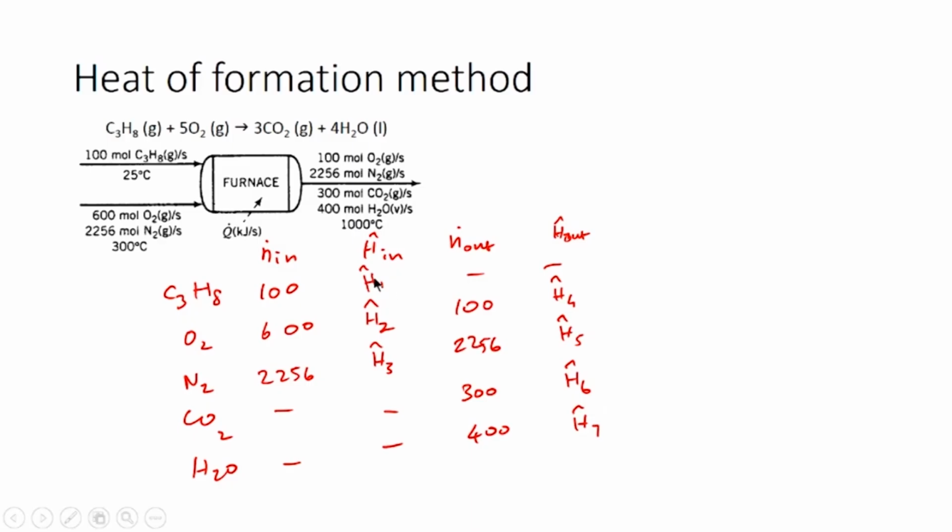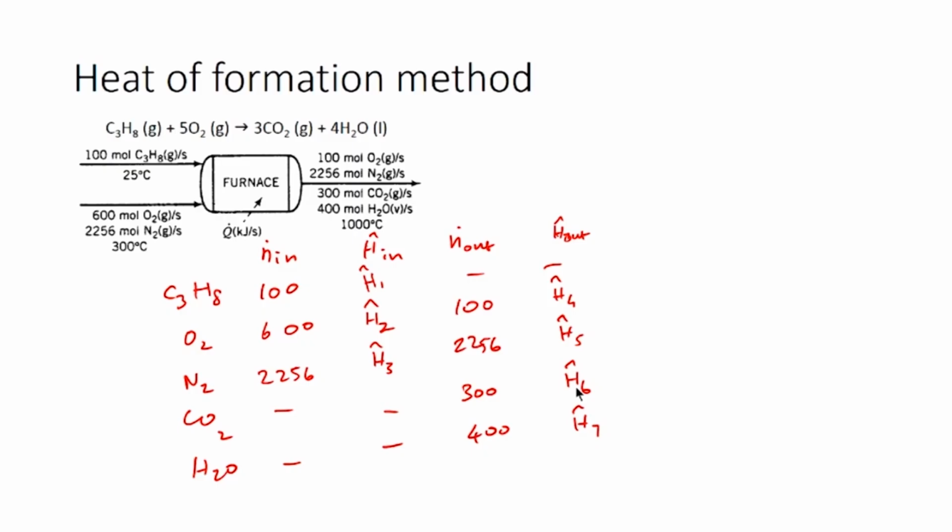So, H1 cap is going to be only heat of formation, where carbon and hydrogen react to form propane, whereas H2, H3, H4 and H5 are going to have only heating of these components from 25 degrees Celsius, which is the reference state, to either 300 degrees Celsius, which is the inlet condition, or 1000 degrees Celsius, which is the outlet condition. Your other two terms, H6 cap and H7 cap, are going to have two different components, one being the formation of carbon dioxide and the other is your heating of carbon dioxide or water from 25 degrees Celsius to 1000 degrees Celsius.